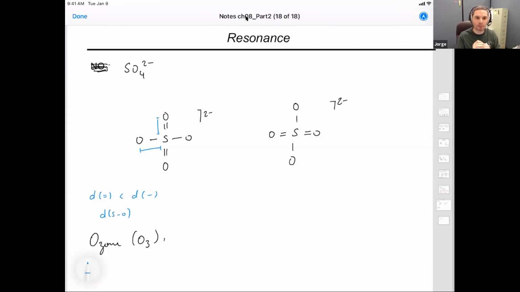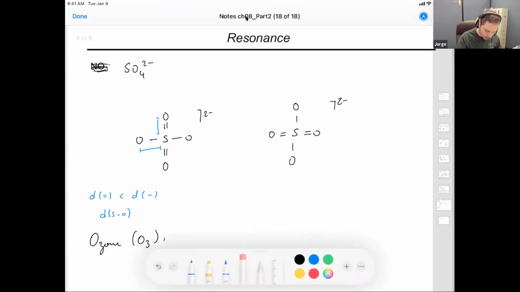And most importantly, the distance between sulfur and oxygen is the same for all four atoms, which means all four bonds between sulfur and oxygen are equivalent.